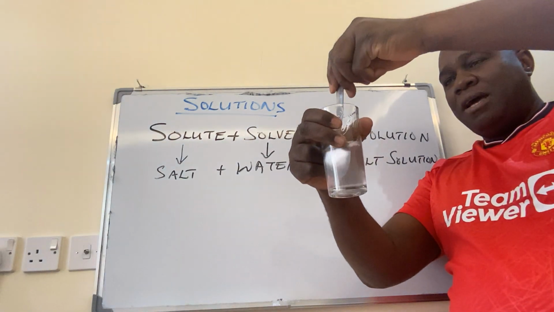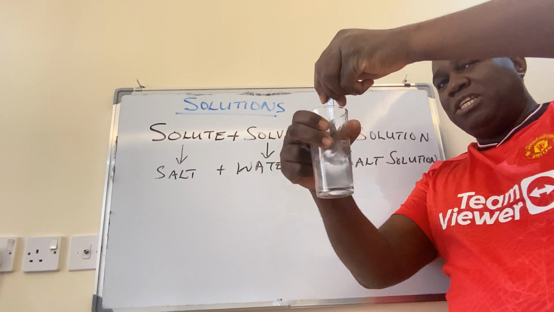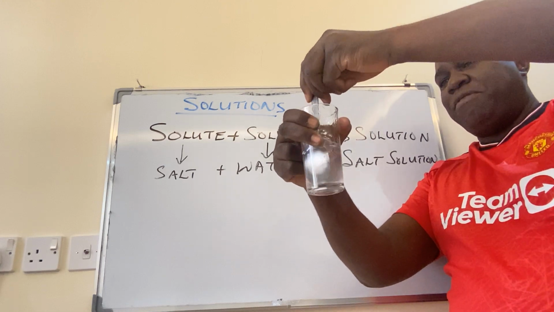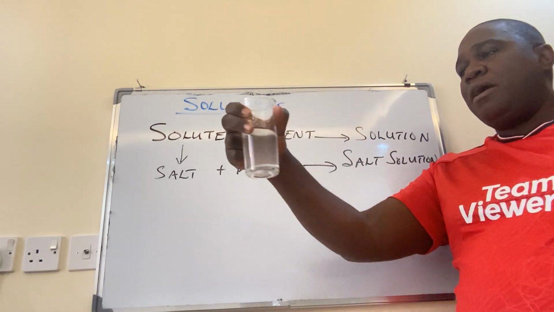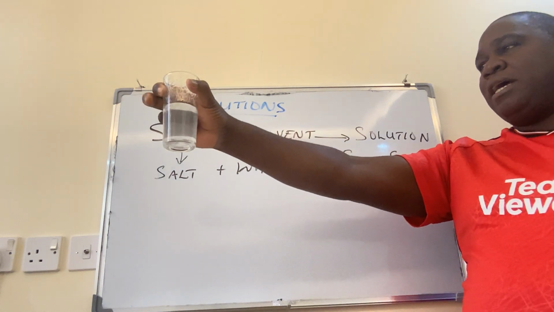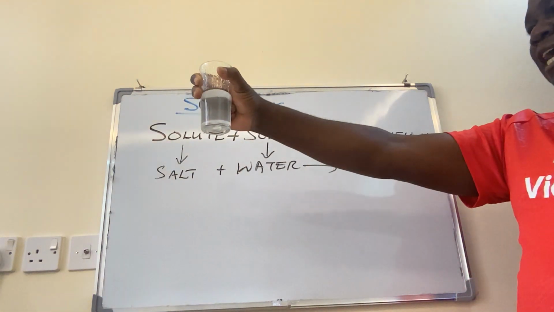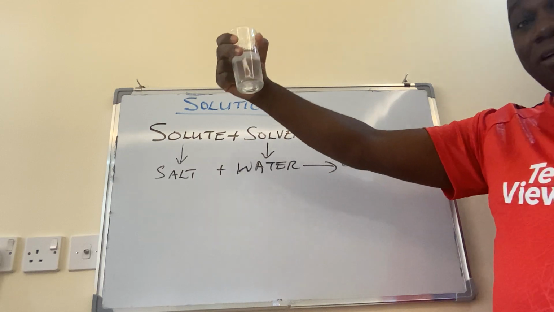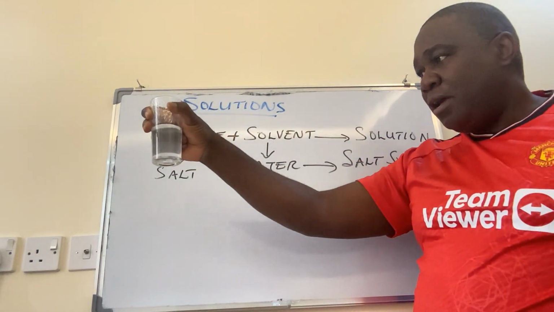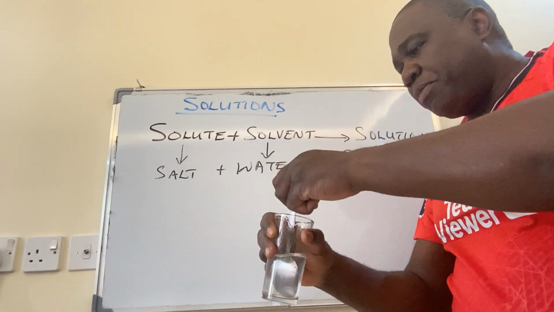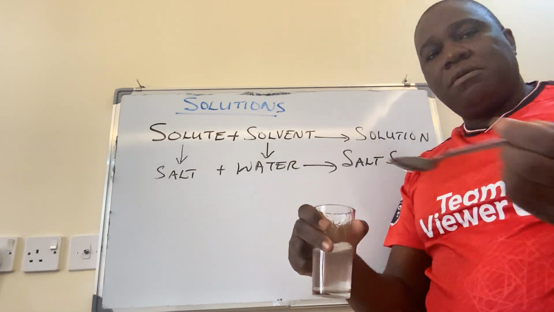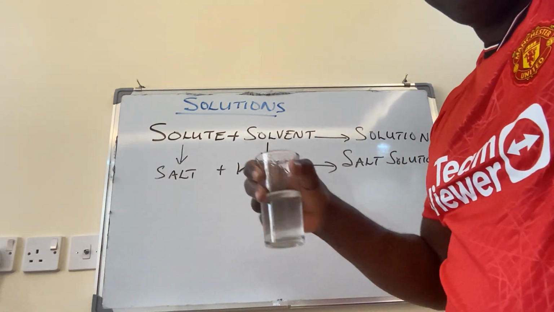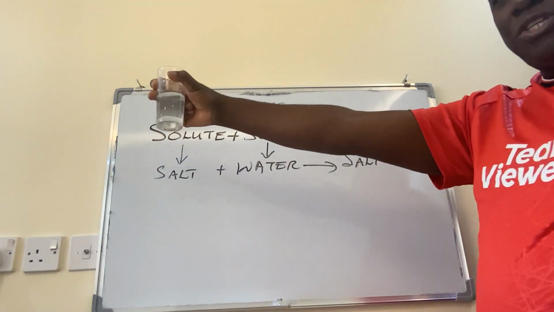And by the way, agitation like this, you are causing the solvation process to occur faster. Okay? Now, if you look at the solution that I've produced, the salt has dissolved. Okay? I can, just to be sure, I can stir again, and I have formed a salt solution.